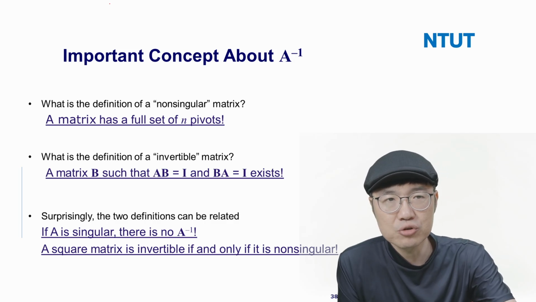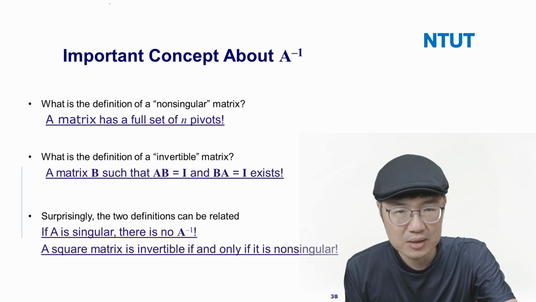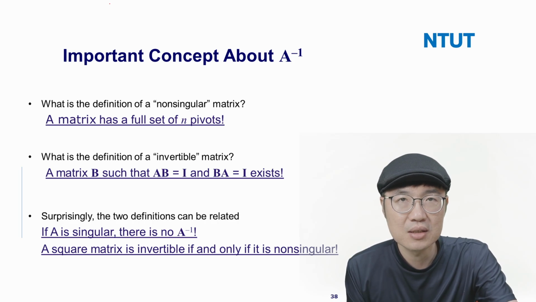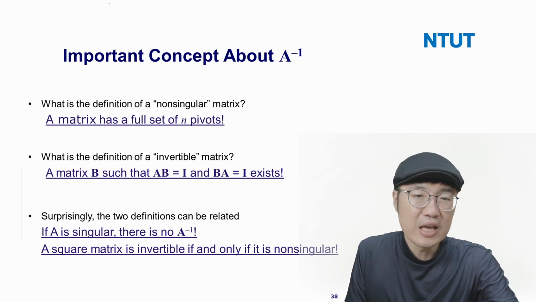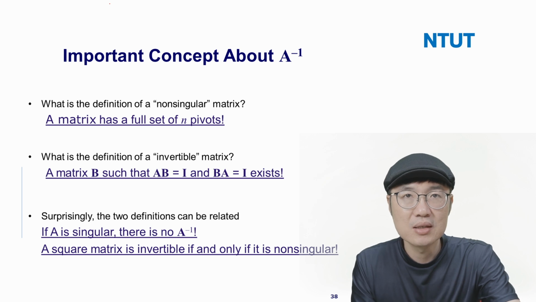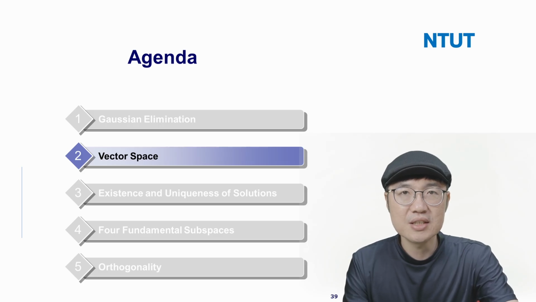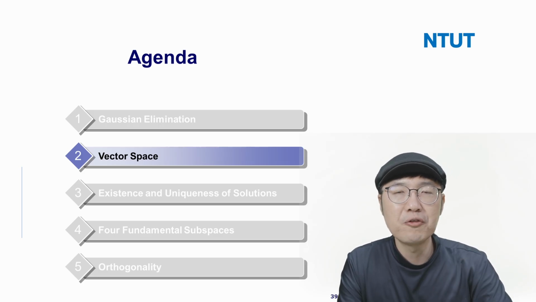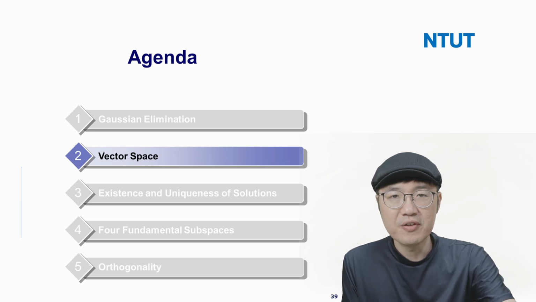So my final remark here: if a square matrix is invertible, then it must be non-singular. And this is a bidirectional statement. If a matrix is non-singular, there must be an inverse. So with this understanding, we can move to more formal language in linear algebra, vector space.